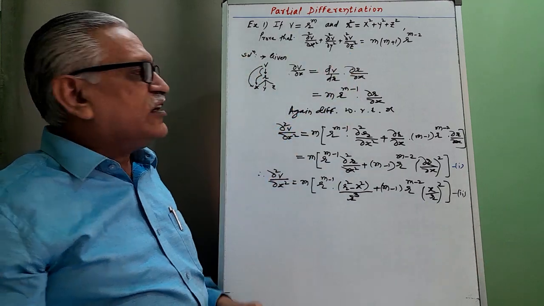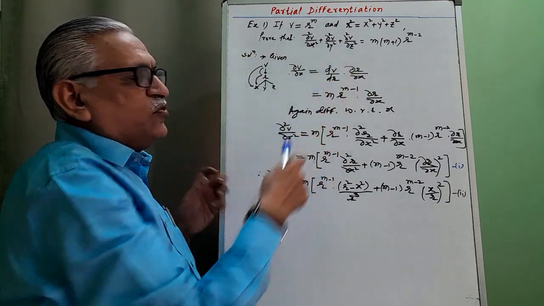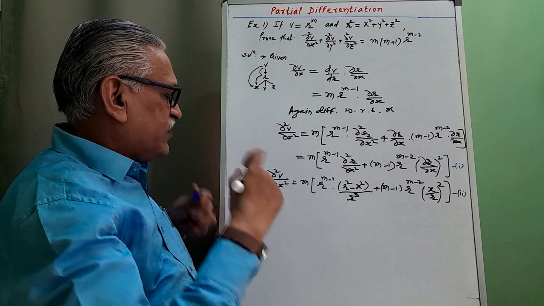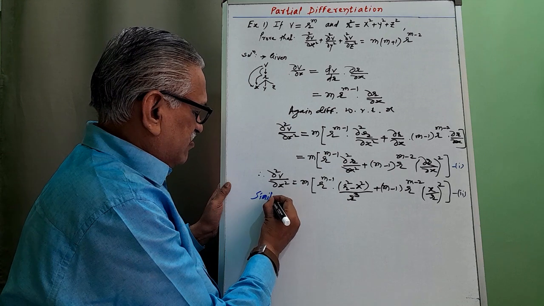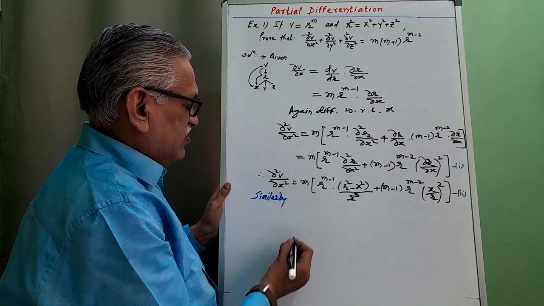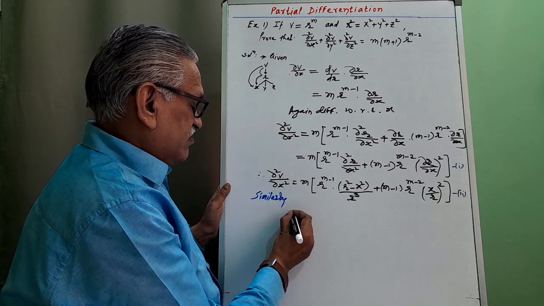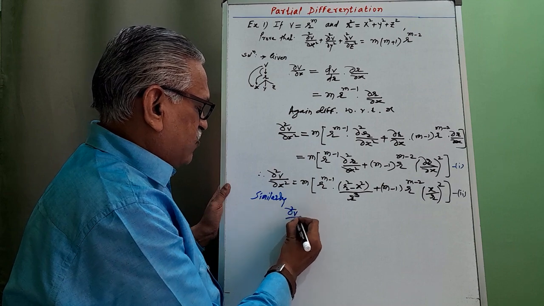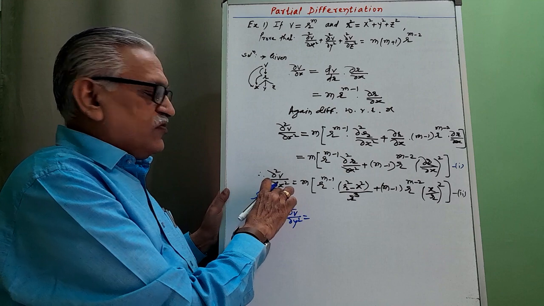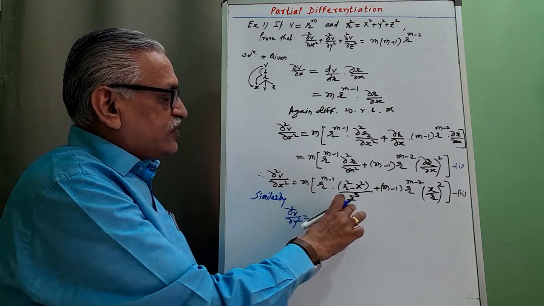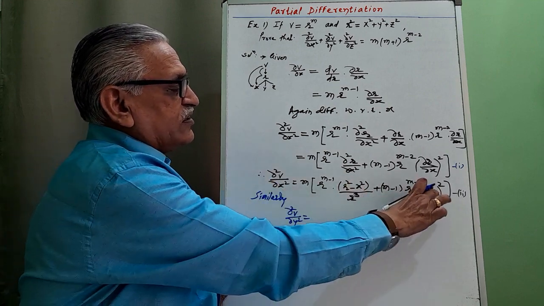Similarly, we write down the result for dou 2v by dou y square and dou 2v by dou z square. Therefore, similarly, we get dou 2v by dou y square is equal to, for differentiation with respect to x, we are having a term of x.